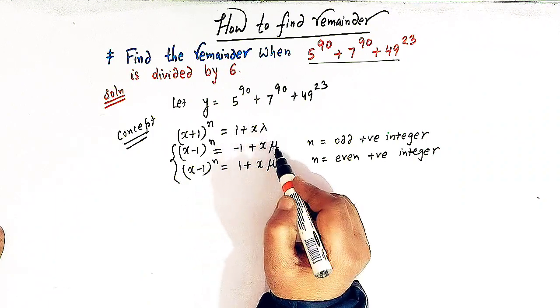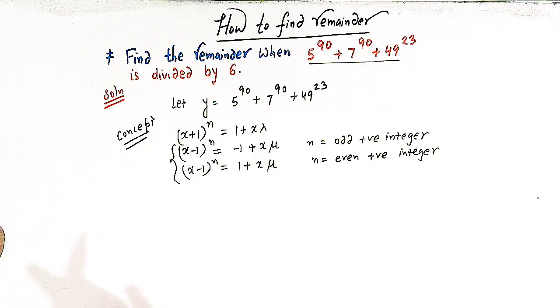And remember, lambda and mu are positive integers.